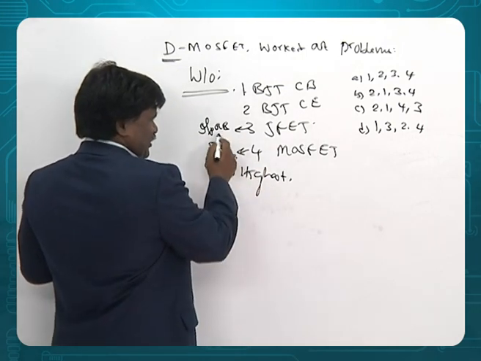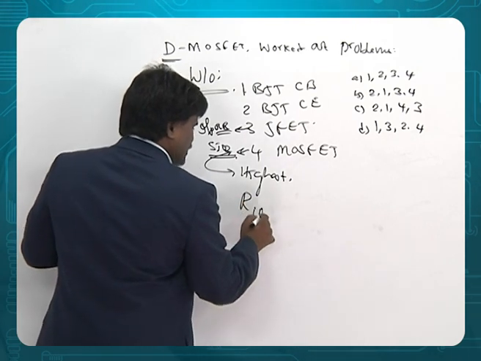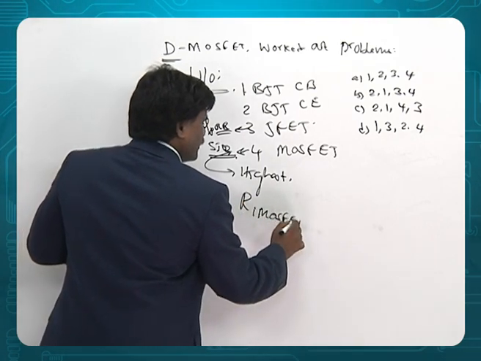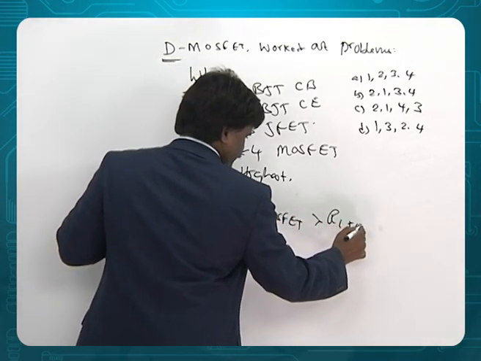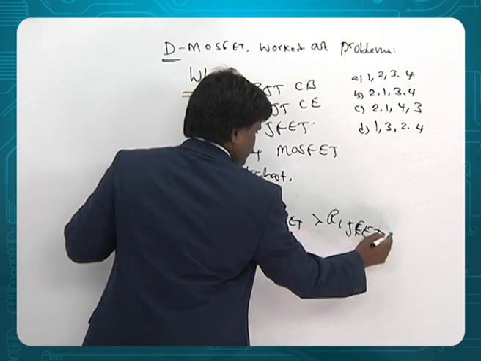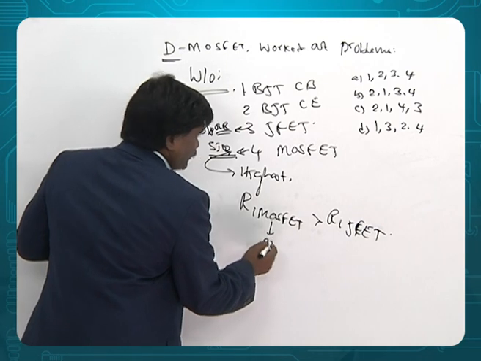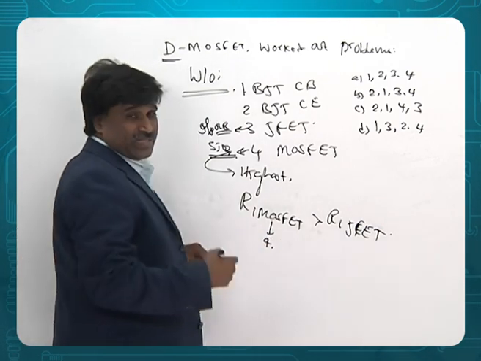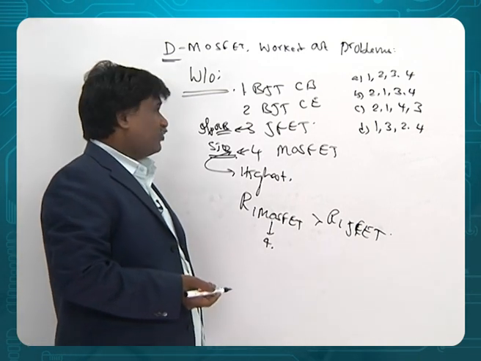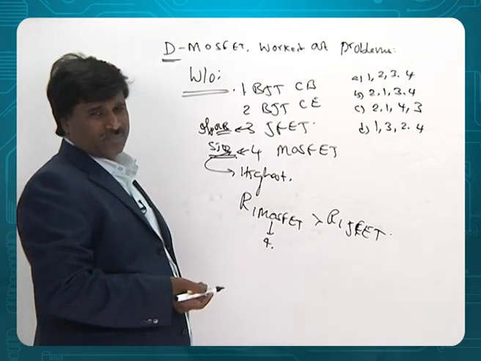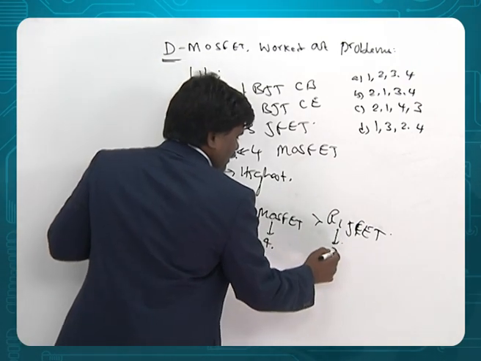Third is the next because of reverse bias. Therefore, Ri of MOSFET is greater than Ri of JFET. Now listen, that means this is 4. He said increasing order of input impedance, so this is the highest, this is the next highest.